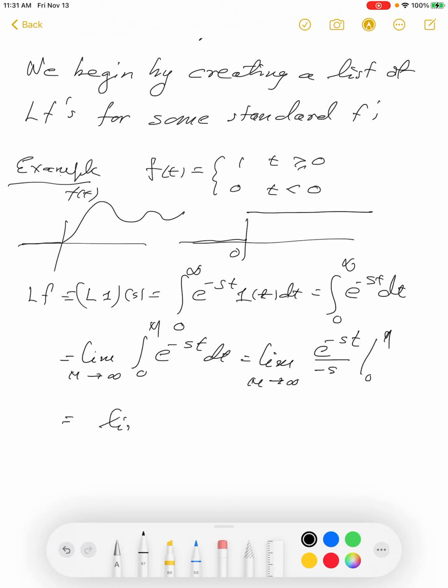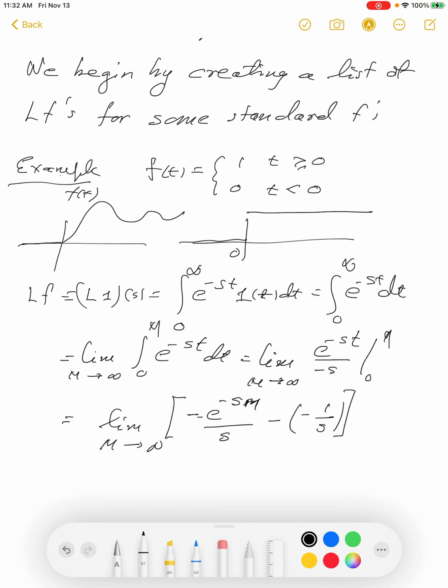And this gives you minus e to the minus sm, putting t equal to m, divided by s, minus e to the 0, which is 1 by s.